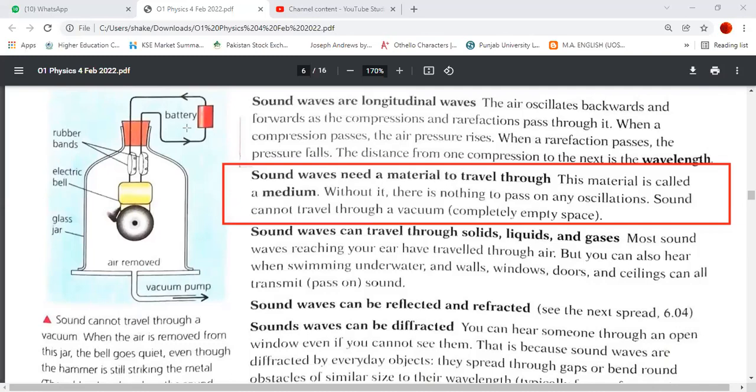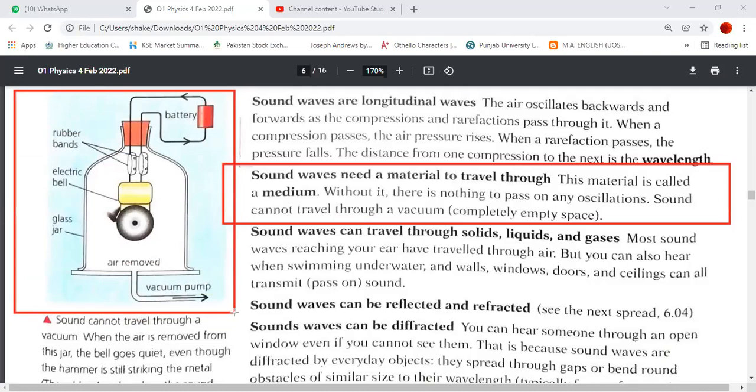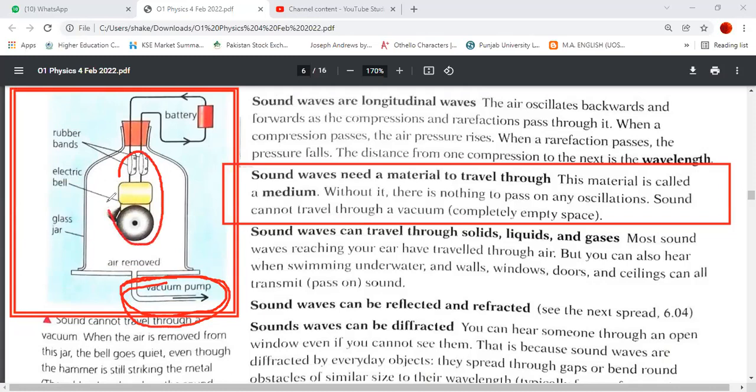For example, on the left side, you can look at the diagram. This is an experiment designed to check the movement of sound waves. There is a container or jar which was already filled with air, and this was then connected to a vacuum pump so that we can reduce the amount of air. It has an electric bell inside it.